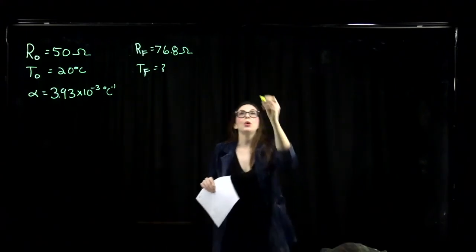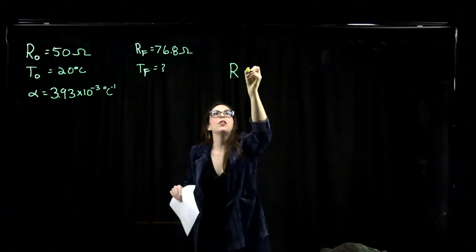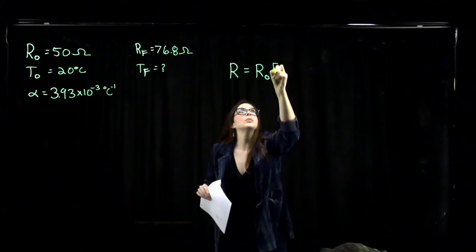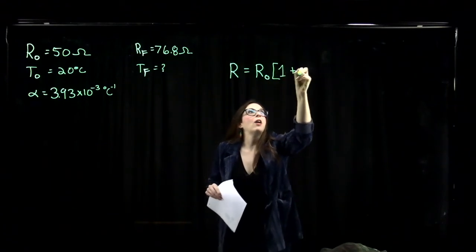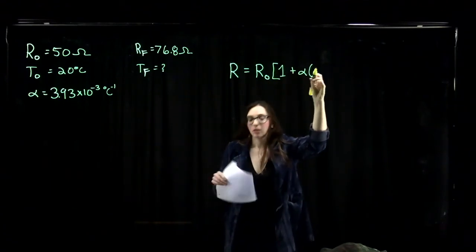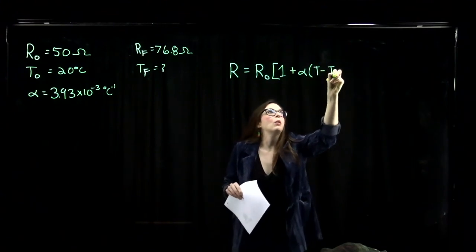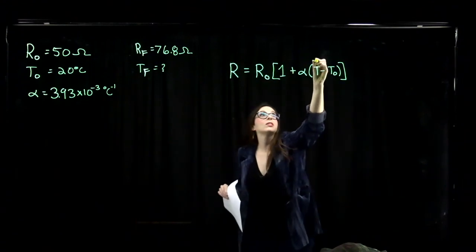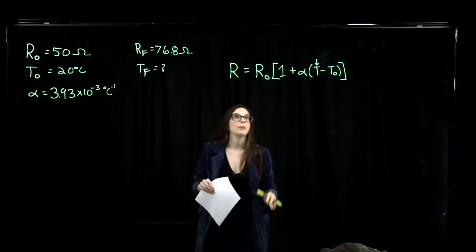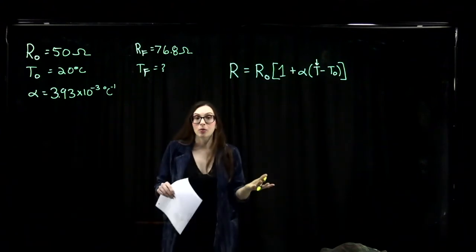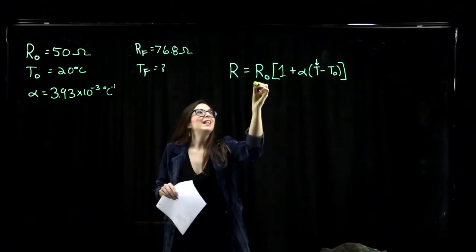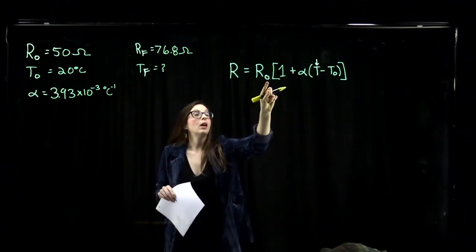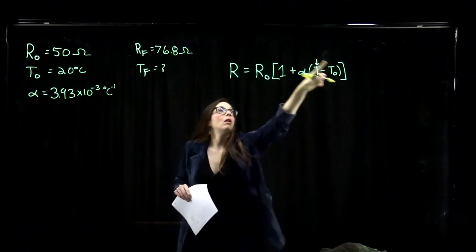To solve this problem, we're going to use this equation that our final resistance equals our initial resistance times 1 plus alpha times our final temperature minus our initial temperature. Okay, and we need to solve it for this quantity here, our final temperature. So we now really are just doing an algebra problem. Then we need to get rid of this R0 that's in front of all this term right here.